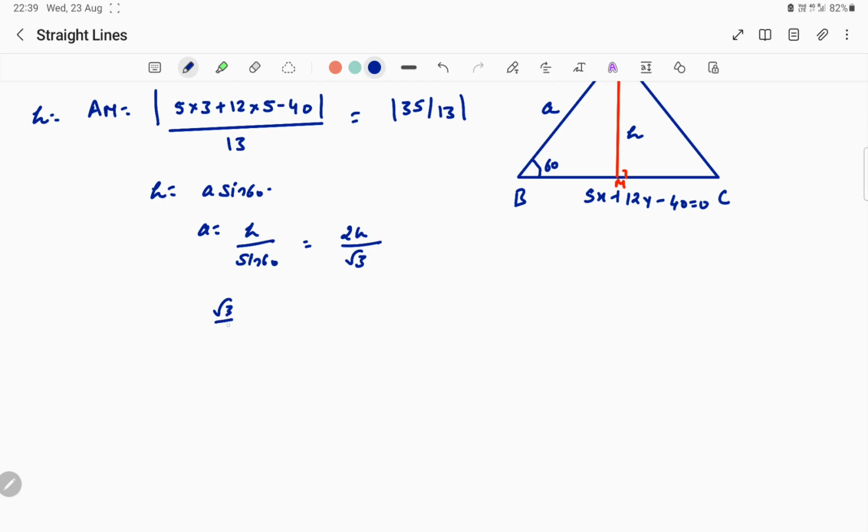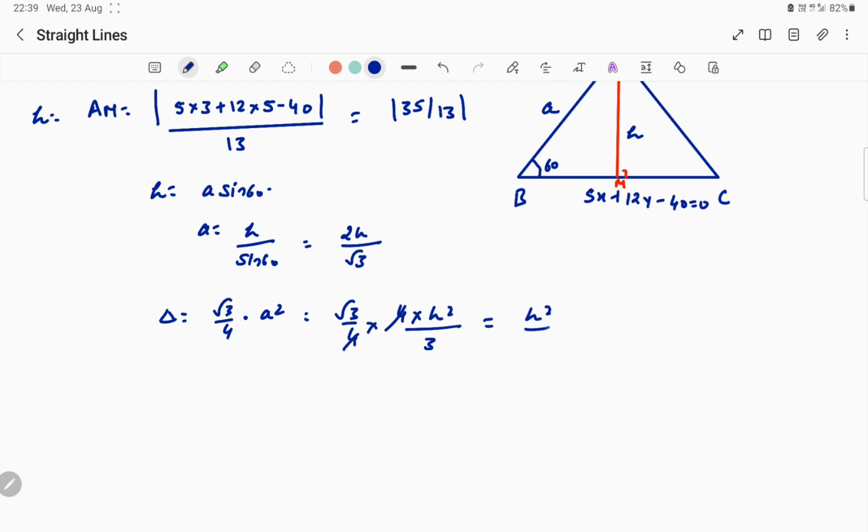So what is the area of an equilateral triangle? Area of an equilateral triangle is root 3 by 4 into side square. So we got root 3 by 4 into side square. What is the side? Side is 2H by root 3. Square will give you 4H square, divided by 3. 4 and 4 cancel.